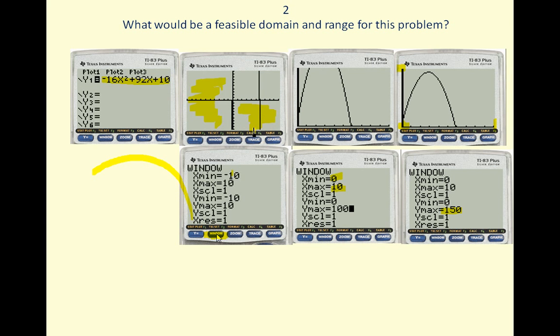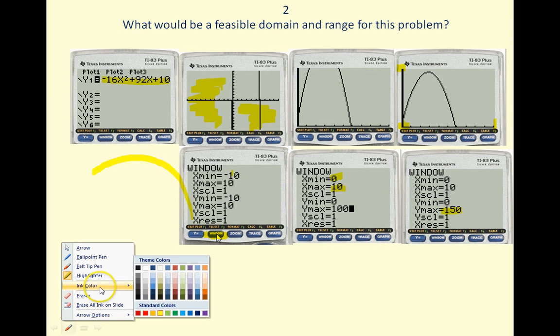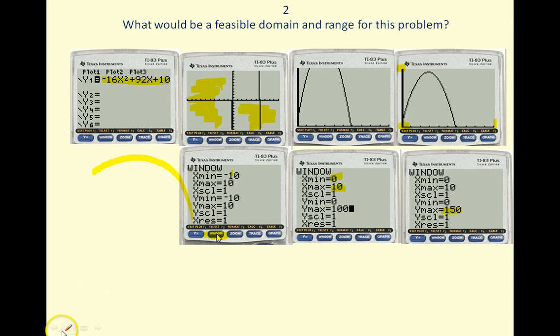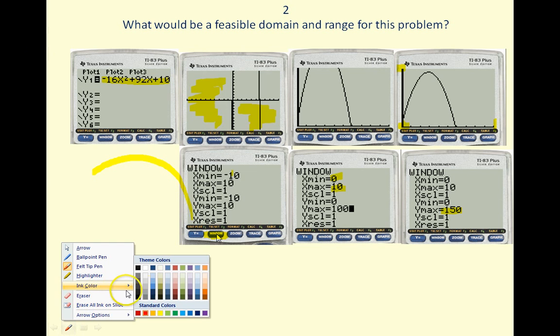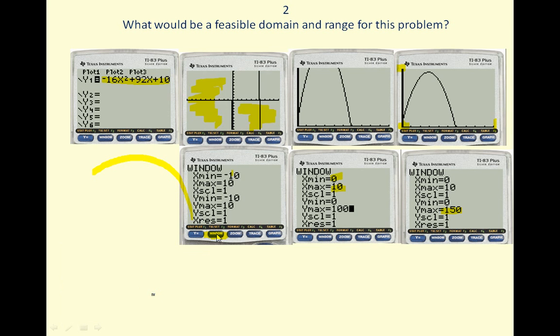And we're going to make a guess here because we don't know exactly how high that ball is going. So a nice feasible domain and range, again, written in interval notation, would be for a domain, I would write a D representing the domain, and I would say that we are going between 0.